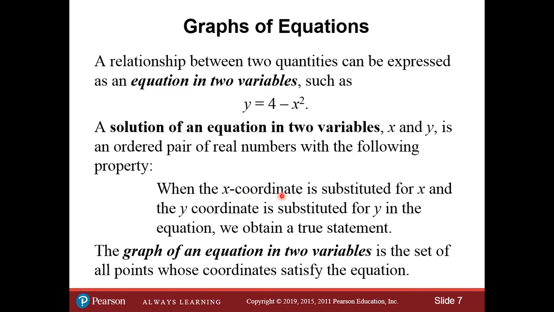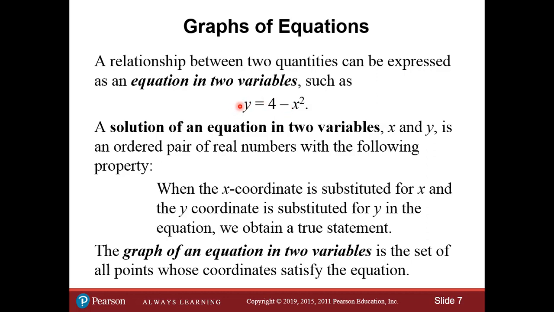When the x coordinate is substituted in for x in the equation, and the y coordinate is substituted for y, then if you simplify both sides of the equal sign, you will get the same number. So you will always get a true statement.